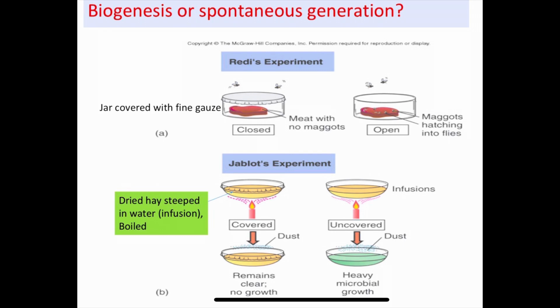At the same time, he did another experiment without the gauze. The flies had access to the meat, they laid eggs on the meat, and offspring were generated. So this indicated that the maggots are generated from flies, or flies give rise to maggots, and it's not that the meat gives rise to the maggots. That was one of the initial experiments supporting the theory of biogenesis, that living things come from living things.